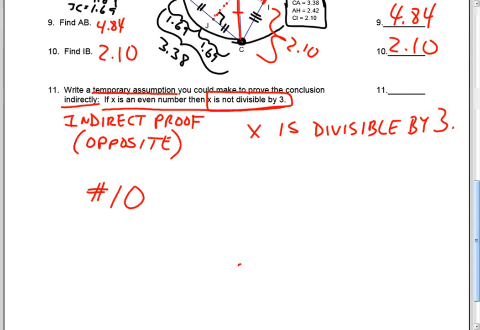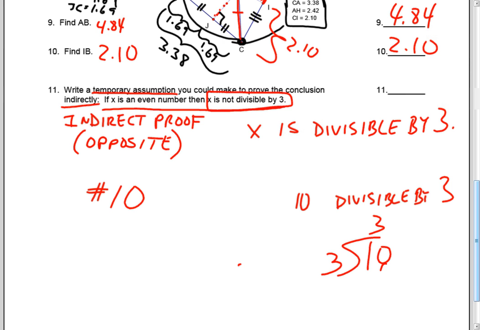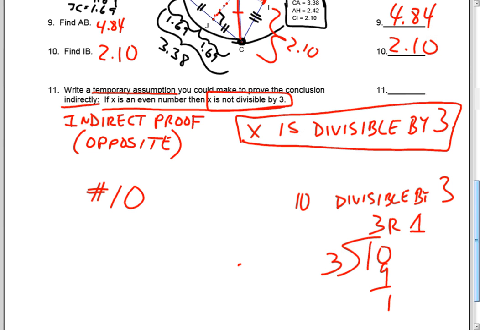So let's look at 10. Ten divisible by 3? But I'm getting a remainder. Do you get a remainder when something is divisible? So my original assumption must be false, which means that what's opposite to that must be true. It must not be divisible by 3.